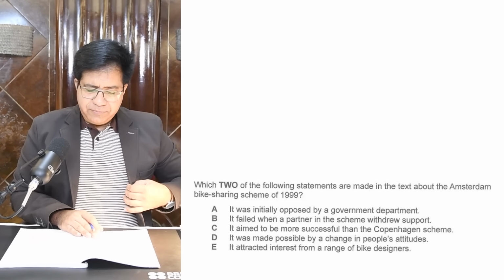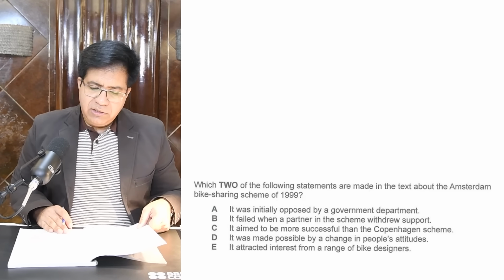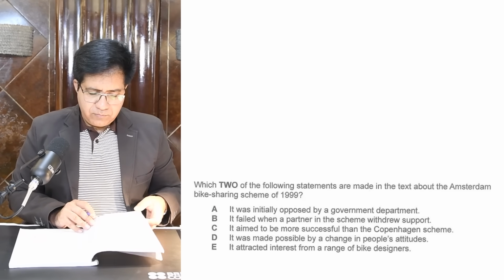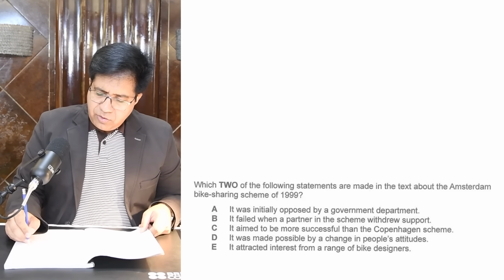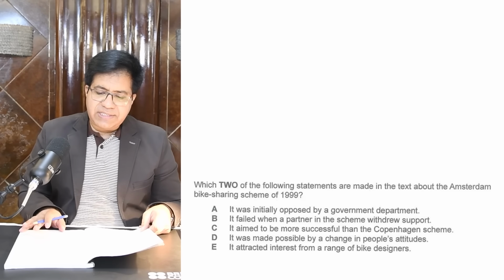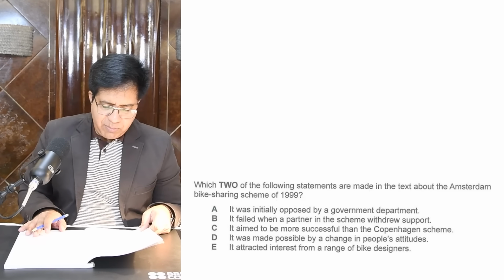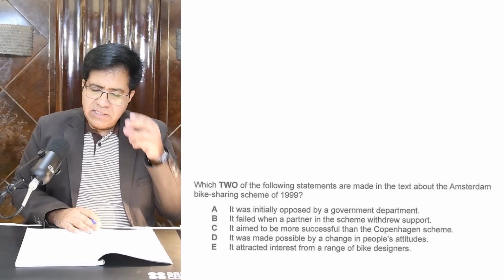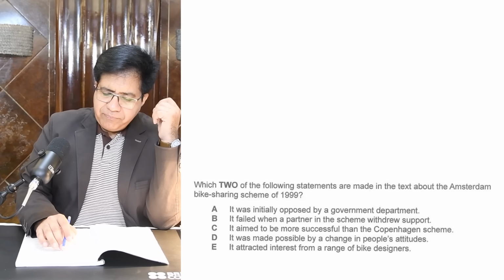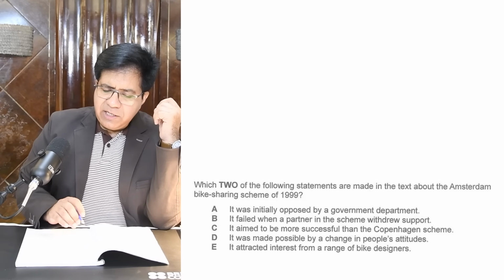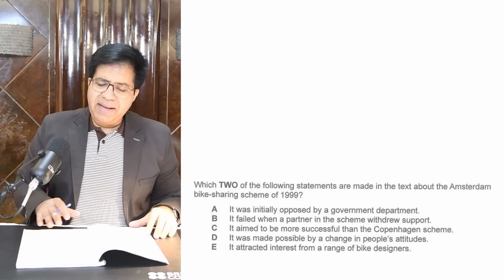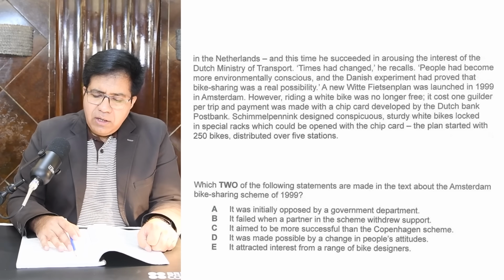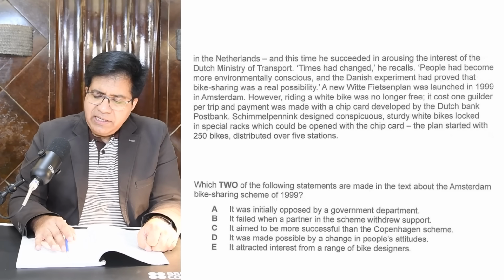Okay, paragraph D for doctor. That's right. So please come, and we see 2 points about the bike sharing scheme of Amsterdam. Second page, please come to that. Paragraph D, second page. I'm reading it from the second line.